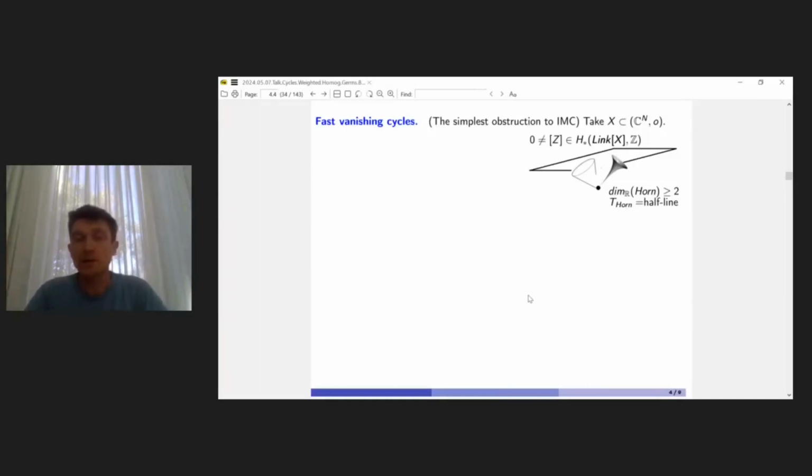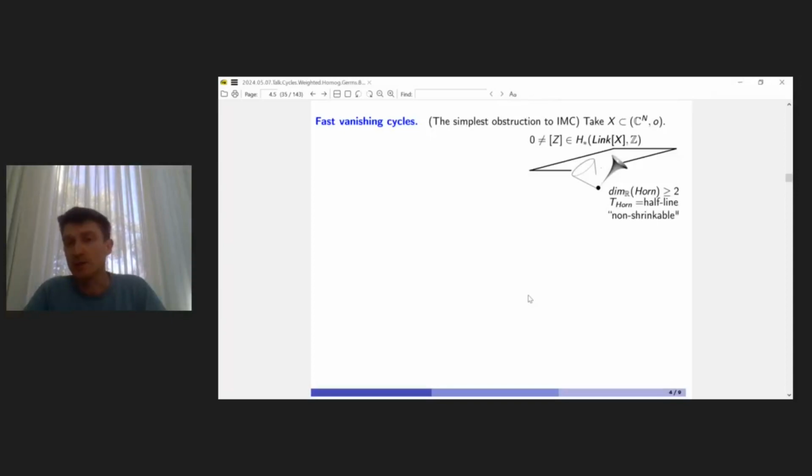For example, you can distinguish these two vanishing speeds by the tangent cone. The tangent cone to the horn will be a half line. The tangent cone to the cone will be the cone itself. So even the dimension is different. This is the picture observation. Let's state all this more precisely.